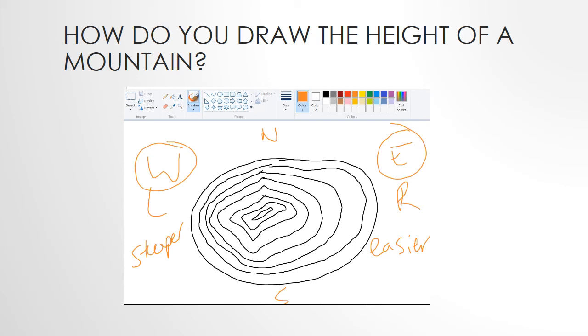So we know if we were going to approach the mountain and we wanted an easier climb, we would be approaching from the east side. And if we wanted a really tough climb, if we loved climbing up rocks and big mountains, then we would come up onto the west side of it.